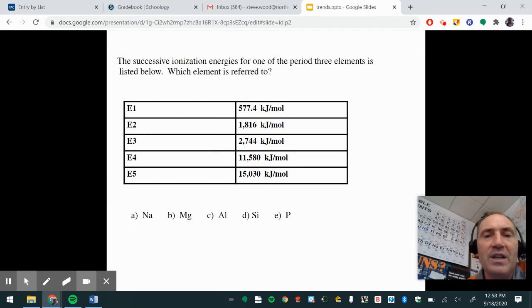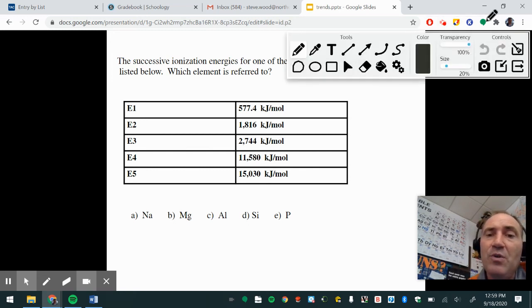All right, so look at this one. What period is this one from? You have 3 ionization energies. This represents the first, the second, the third, and then boom, the fourth. Here's what happens: you hit the core. What this is saying is that it's low, low, low, and then high.